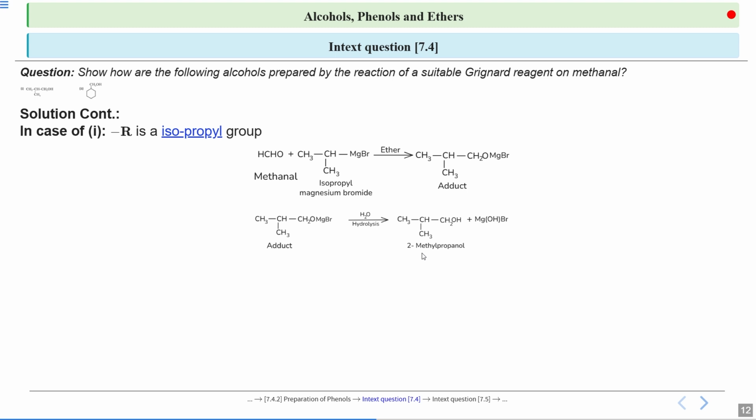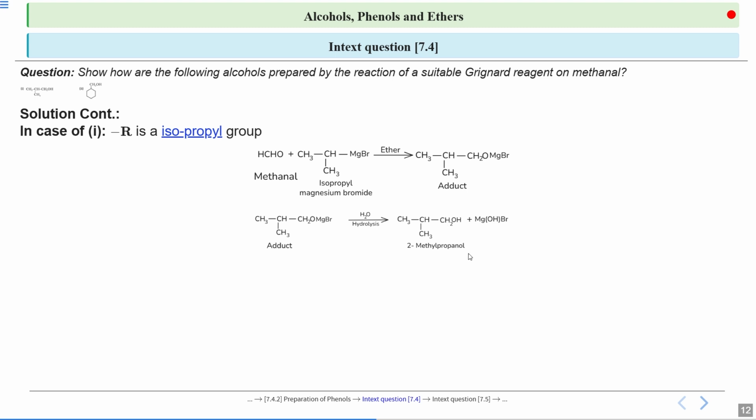This is again a case of a primary alcohol, because the carbon to which the hydroxyl group is attached is further connected by one carbon only. See, this carbon is further attached to this carbon only. The name is 2-methylpropanol: we select the longest carbon chain. This is the longest carbon chain, and since it has 3 carbon atoms, the root word would be propane.